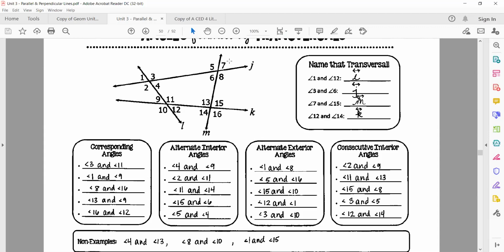Same thing over here, 3 and 6. All of those, 1 through 8, are on line J. So I don't even care about what's down here on line K because they're not in a relationship. You have to really concentrate on identifying the correct transversal first.